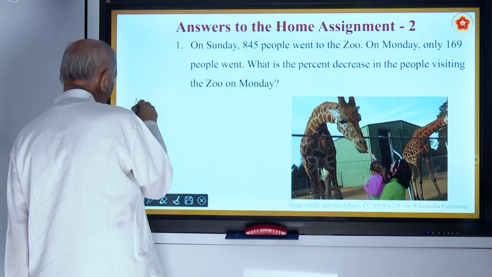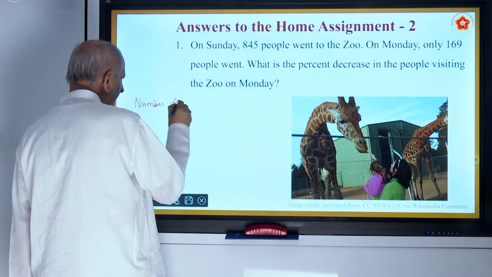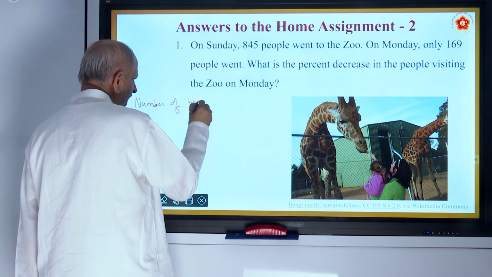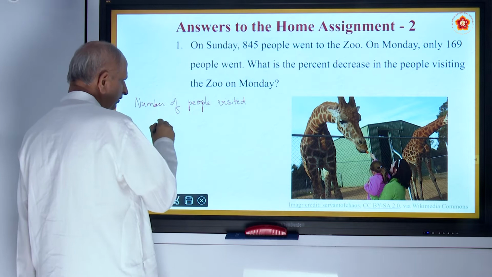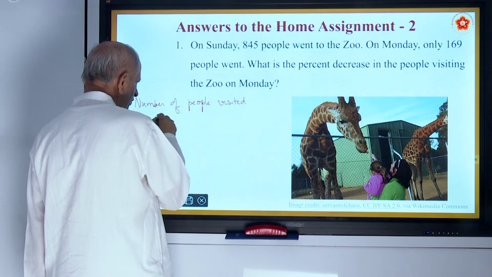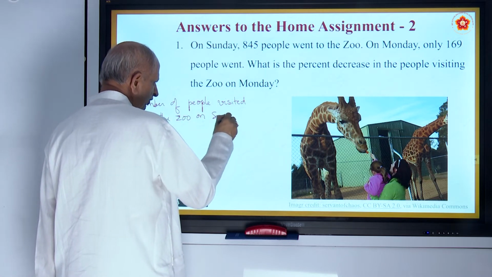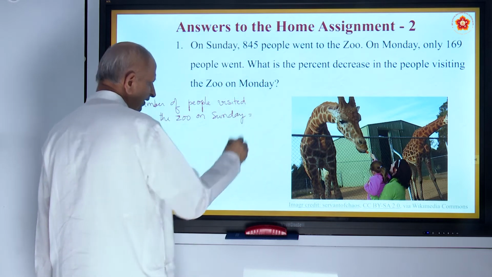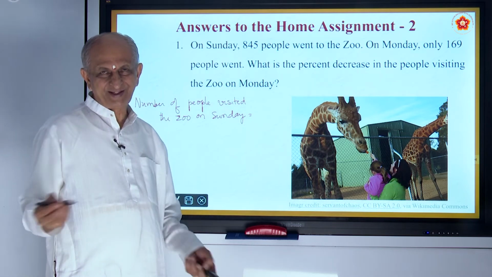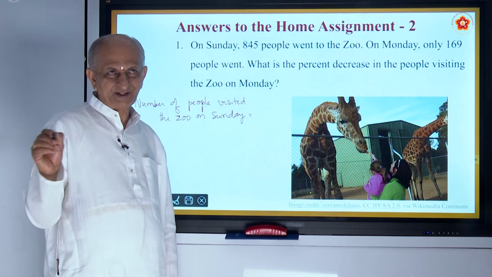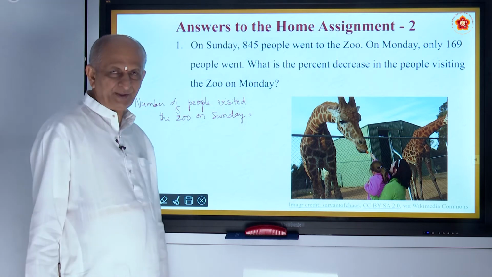Number of people who visited the zoo. What is a zoo? A zoo is nothing but a place where hundreds of varieties of animals and birds are kept. For example, in Mysore you have a very beautiful zoo.